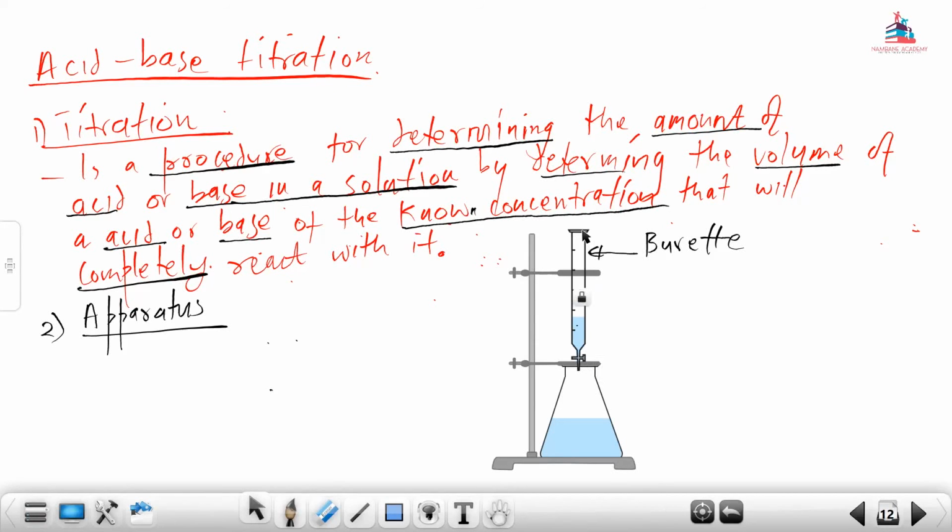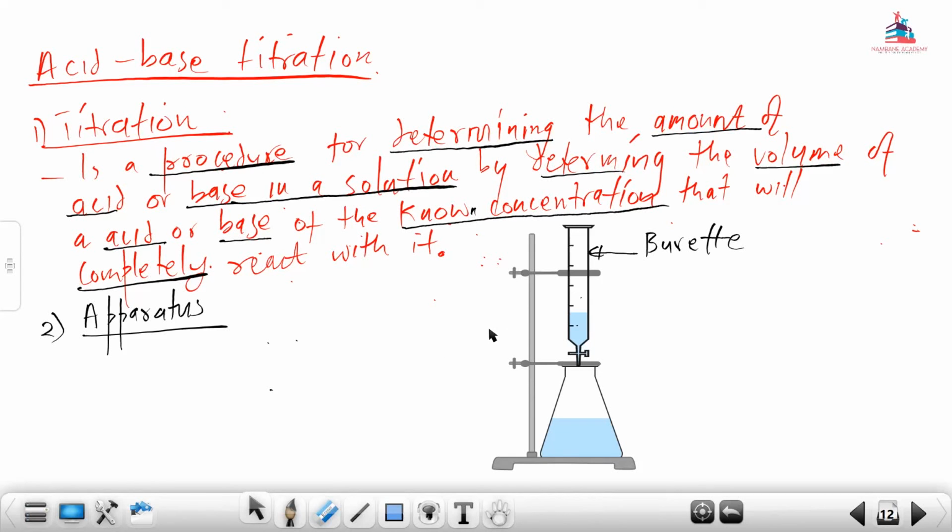Because it clearly says we need now to have some form of information that relates to this specific amount of volume. It's the burette as the first one. You need to know that.